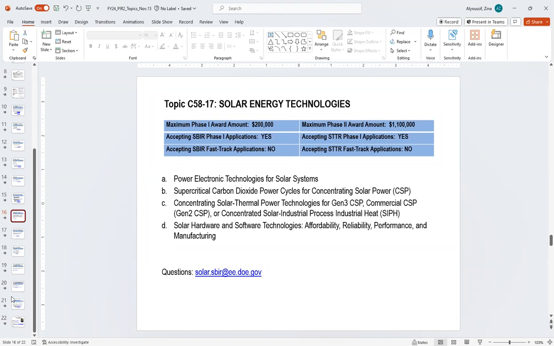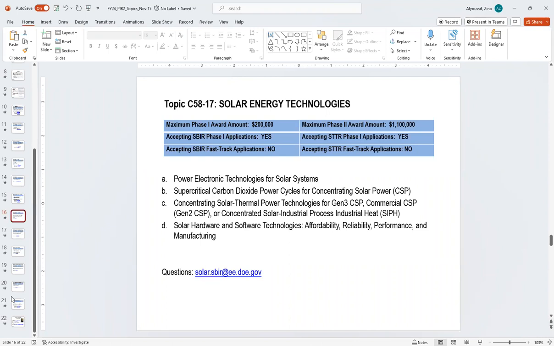Having said that, let me go to each one of these subtopics. The first one is a fairly open subtopic on power electronic technologies for solar systems. What we're looking for here is improvements on power electronics as they apply to devices that are relevant to solar systems. So we're looking into inverters, converters, optimizers, solid-state transformers, and the like. Some key areas of interest, again, we might be looking into innovative ideas here.